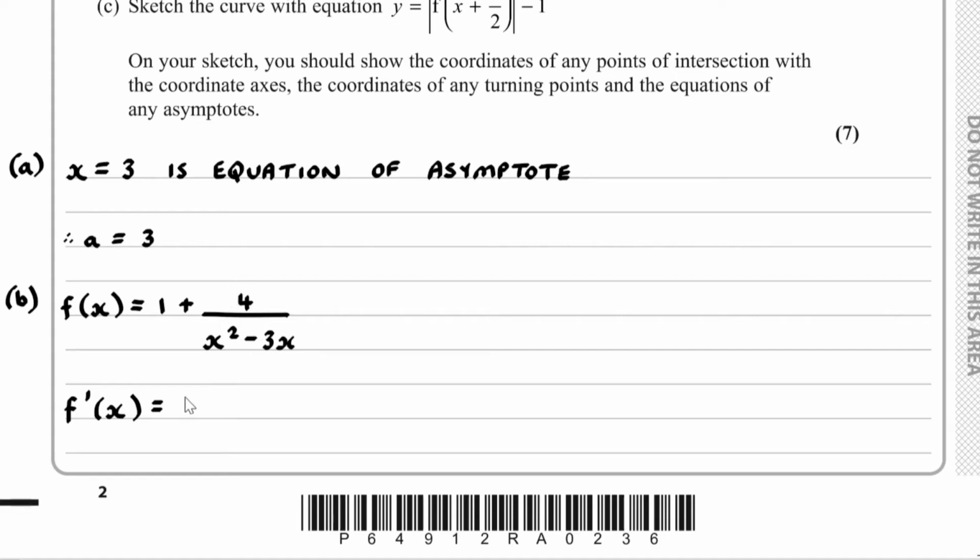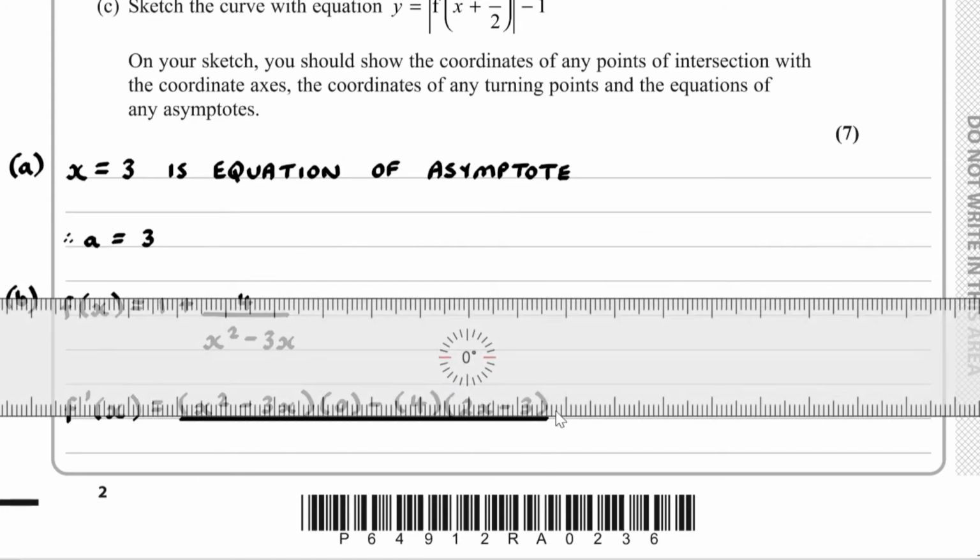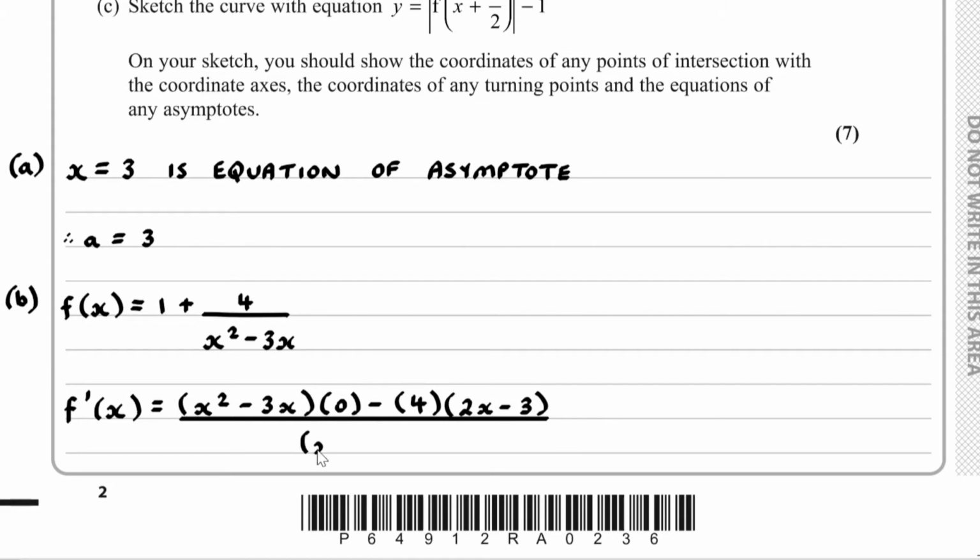So we have x squared subtract 3x multiplied by the derivative of 4, which is 0, subtract 4 multiplied by the derivative of x squared subtract 3x, which is 2x subtract 3, and then we would divide this by x squared subtract 3x all squared.